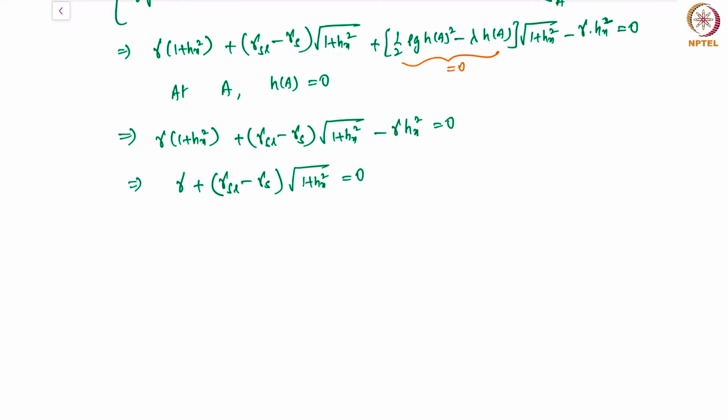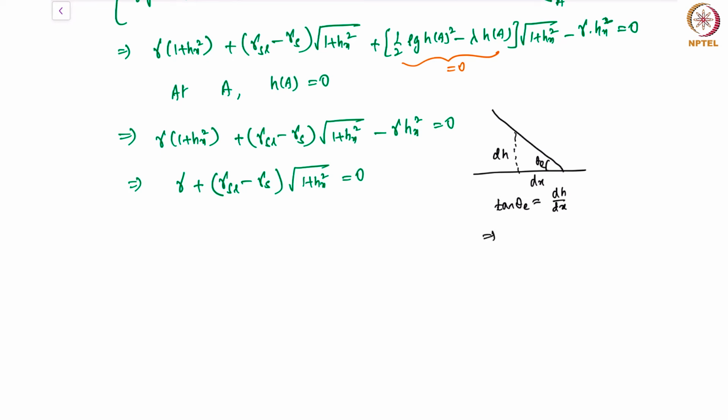Now let's look at what this actually means. For example, if I have a contact angle of theta e, as I approach the interface, let's say this is dx and this is dh, then I can write down an expression for this. The tan of theta e is nothing but dh by dx, right?